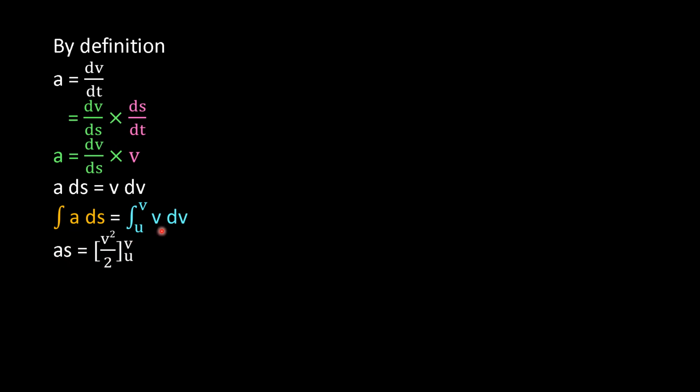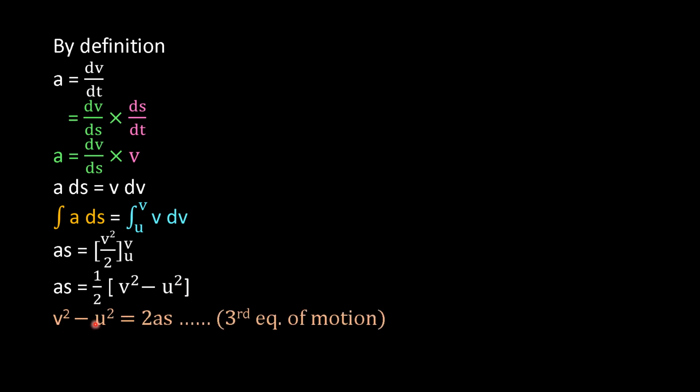Integration of v is v square by 2 from u to v. So it will be As equals half times v squared minus u squared. So that is v squared minus u squared equals 2As, which is our third equation of motion. So in this way, we can find equations of motion by the method of integration.